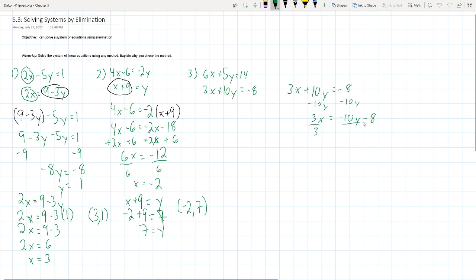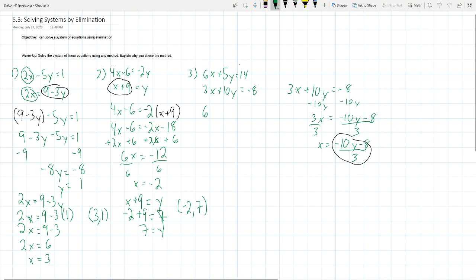Divide everything by 3. x equals, and I'm going to leave it like this, and you'll see why in just a second, negative 10y minus 8 over 3. Doesn't look pretty, but we'll be able to use this. So now we're going to plug it in, and I'll circle that in black. So I'm going to plug this into this top equation.